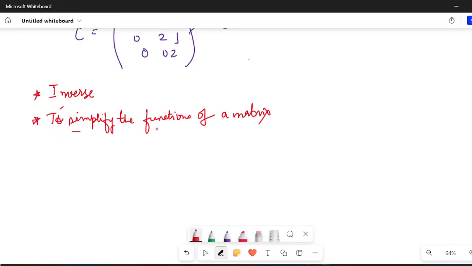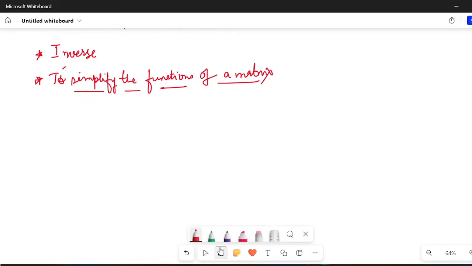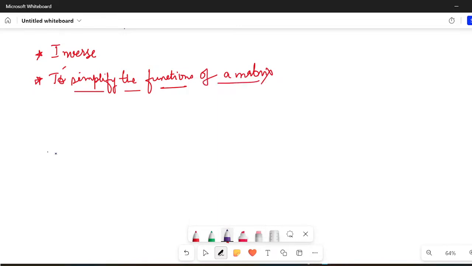Right now I have not taught you the functions of a matrix, but still I'll give you one example, and here you can use the Cayley-Hamilton theorem. When we do the function of a matrix, that is a different aspect altogether, so I'll define it for you here. Let us define a matrix A such that A square is equal to identity.